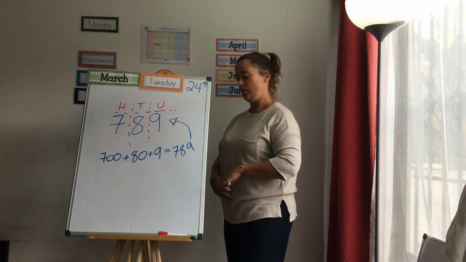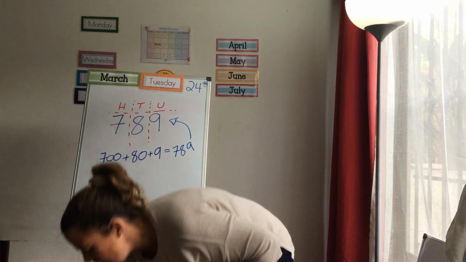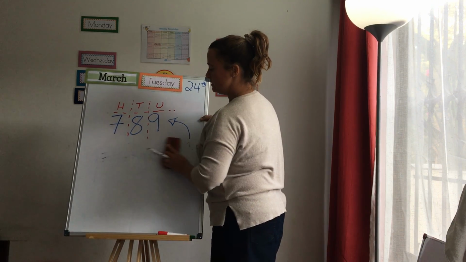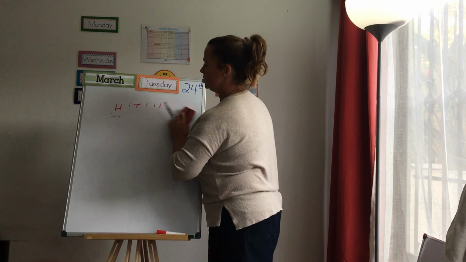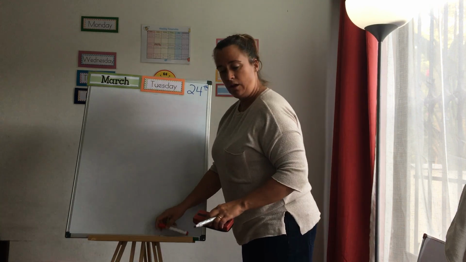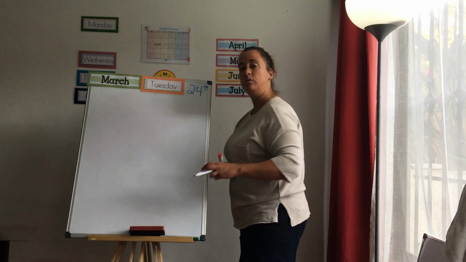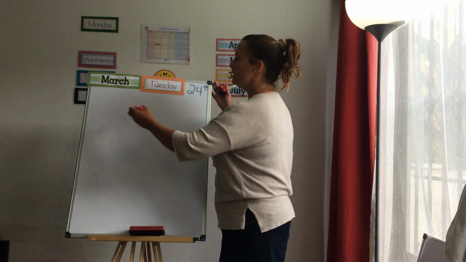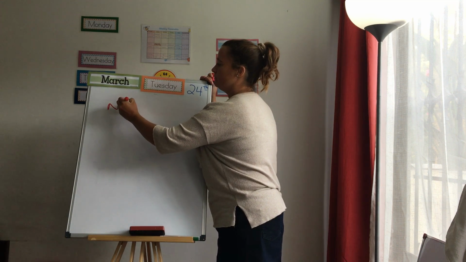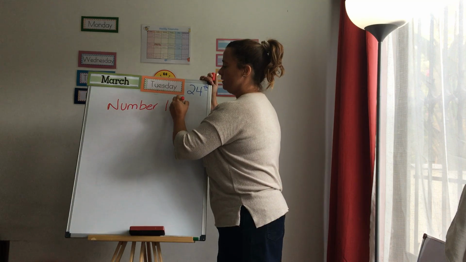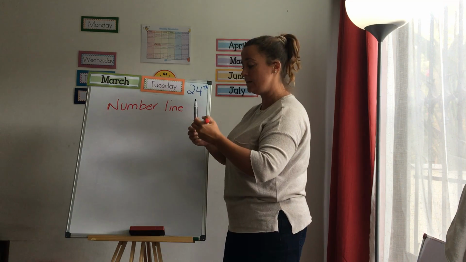Good, guys. Now, we're going to change a little bit. Not very different, but maybe just a touch, okay? Now, we've got something in math that is called a number line. Yes, remember, the answer is there.